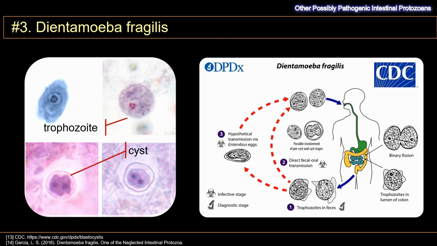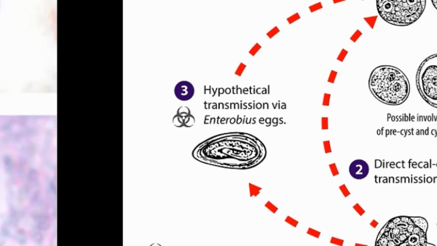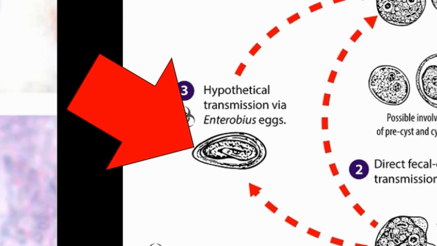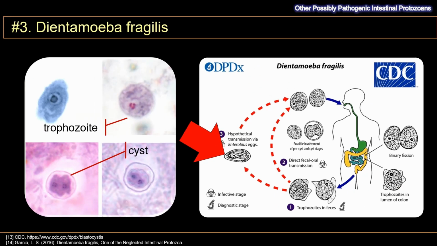Another important distinction of this parasite is that its transmission is associated with Enterobius or pinworm infections. Symptoms include intermittent diarrhea, colicky abdominal pain, again bloating and flatulence, and irritable bowel syndrome. Treatment is through iodoquinol, metronidazole, or tetracycline.